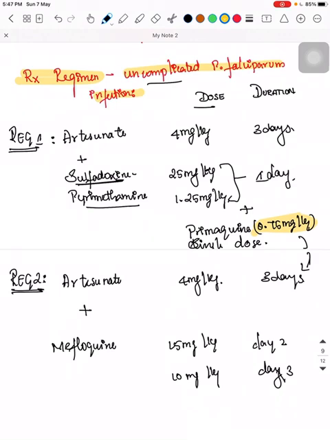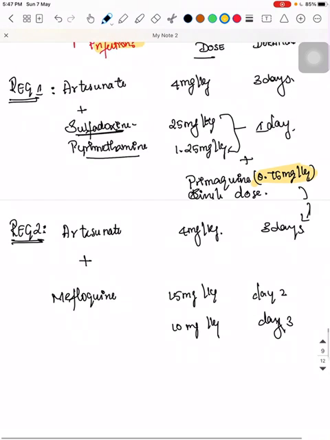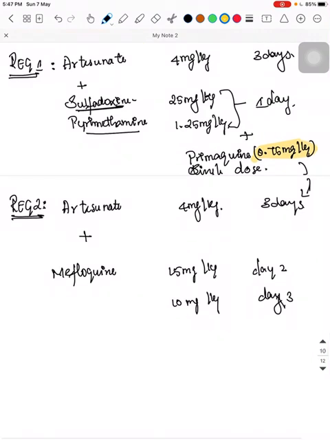Mefloquine is given at 15 mg per kg on day 2 and 10 mg per kg on day 3. Along with this, we give primaquine at the dose of 0.75 mg per kg as a single dose on day 2. This is regimen number 2.